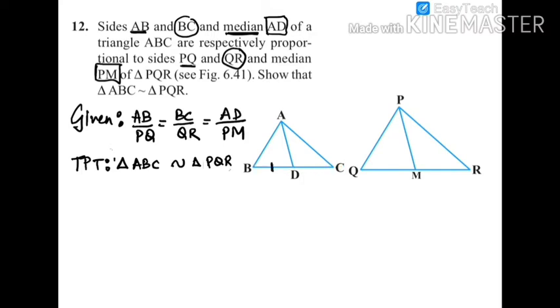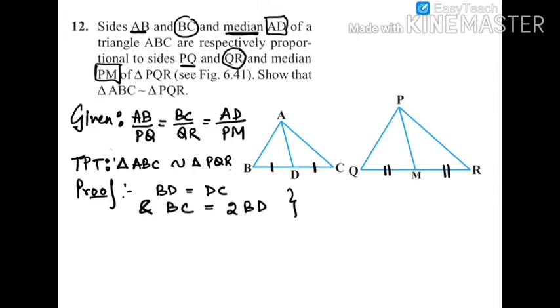So we have BD equal to DC and QM equal to MR, as PM is also a median. So BD is equal to DC and BC can be written as 2 times BD. Reason: AD is a median.